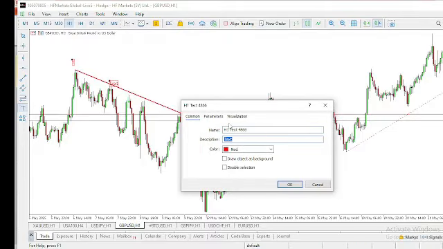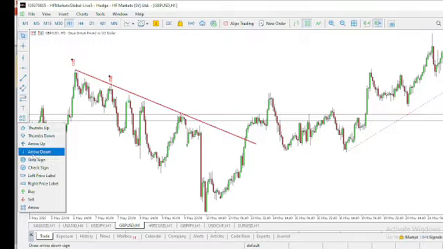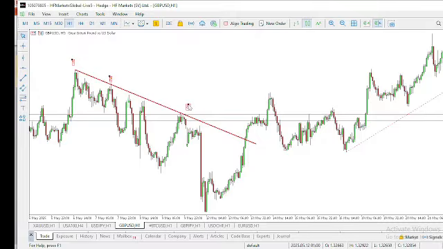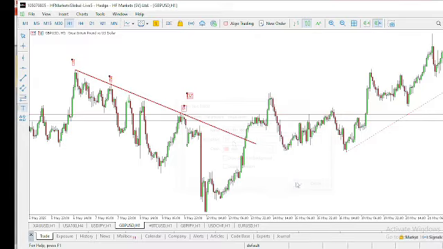My point two has a doji, but that's not my interest, because I need two peaks to get my line. So at my third, this is now my area of interest. This is my down zone. Okay, this is my down zone. You get the point now?